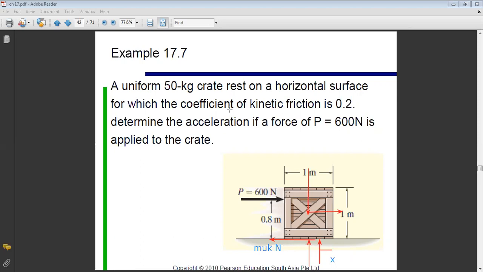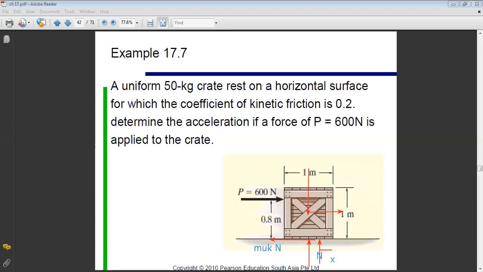The normal reaction N. So to solve for N, x and a, I need three equations. But of course, I need here to do an assumption. So I will say I assume translation.